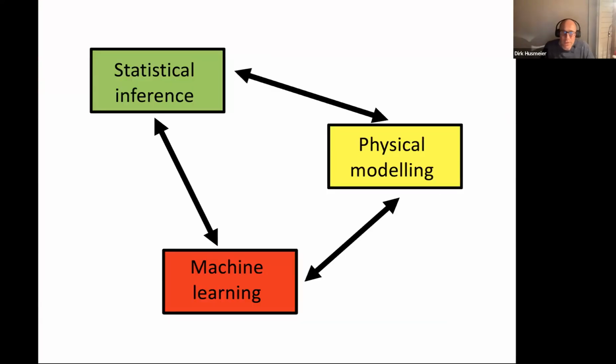So this requires new skill sets. It requires knowledge of physical modeling in order to design a good digital twin in the first place. It requires knowledge of statistical inference for parameter estimation and uncertainty quantification, and machine learning for doing that efficiently, such that we get robust estimation of parameters and calibration in real time.